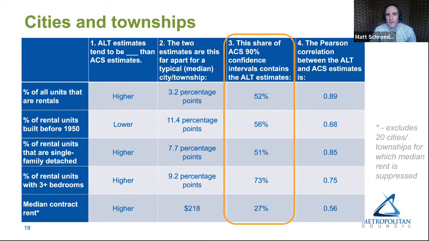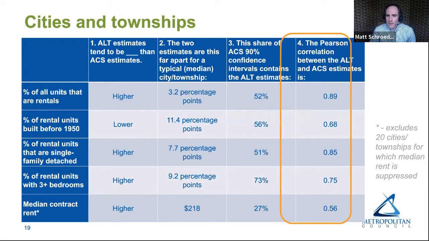And again, that same conclusion holds for the confidence intervals. I will say that the greater variability of rental units with 3 or more bedrooms has more of those confidence intervals encompassing the alternative estimate, but for median contract rent in particular, only about a quarter of them do.